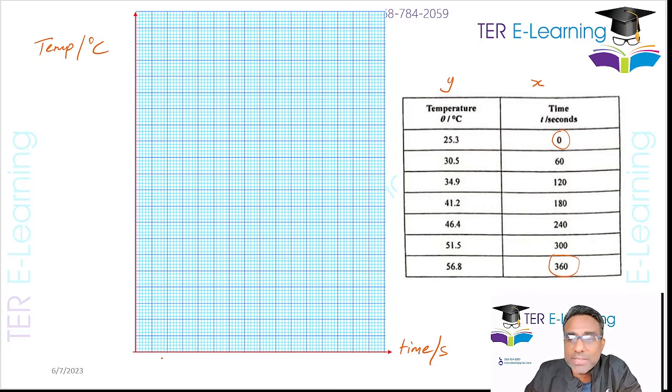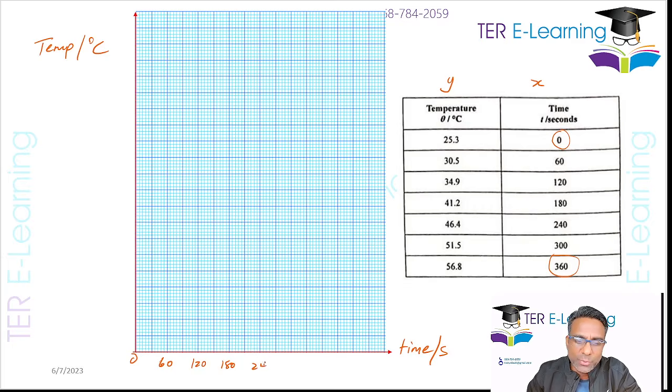Now let's see what scale I can use here. Based on the numbers I'm seeing here, because I need to get up to 360, and if you look at the time, it's increasing by 60 every time. So we could probably do 60, 120, right, then 180, and then we can go 240.